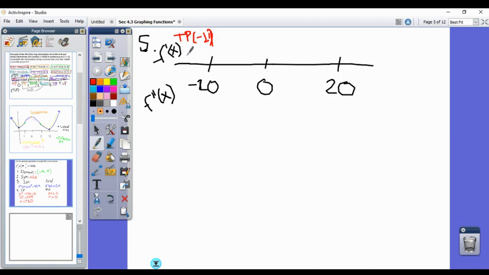And in this case, it's positive. So since it's positive, that tells me it's increasing. Okay. And then I'm going to plug in negative 21 to my second derivative of 2x, and that is going to be negative. So the negative tells me that it is concave down.